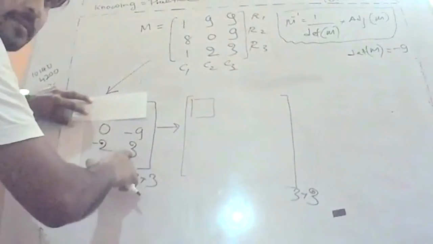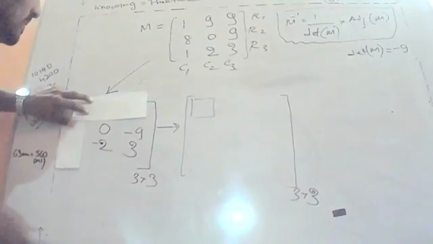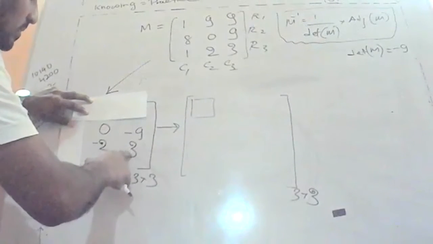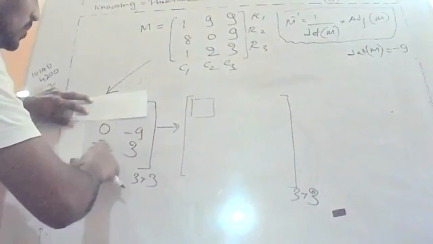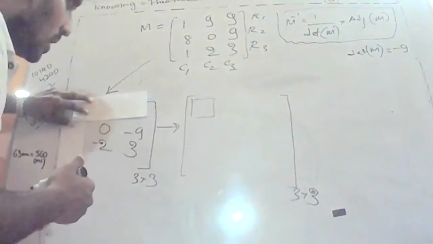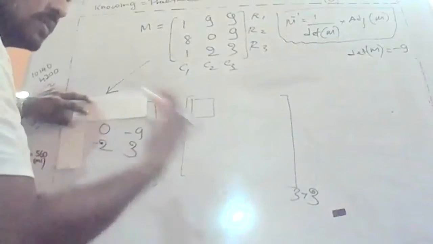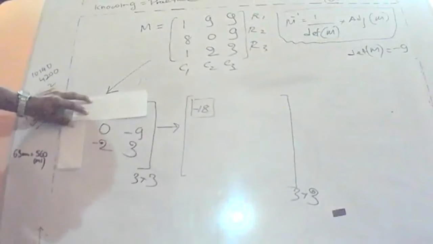This into this minus this into this. So what would be the answer? This into this is 0 minus this into this. Minus 2 into minus 9 is positive 18. Because of the minus, it would be minus 18. Is that clear? Right.